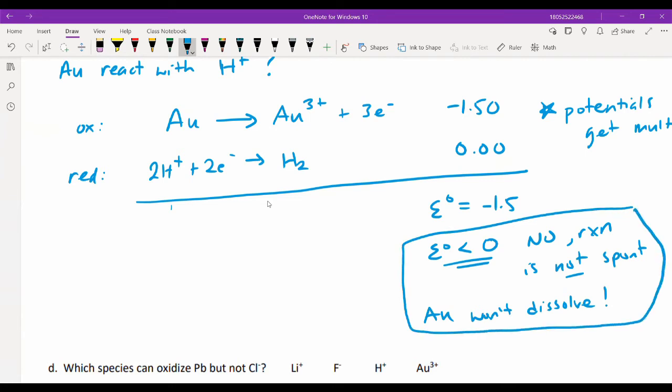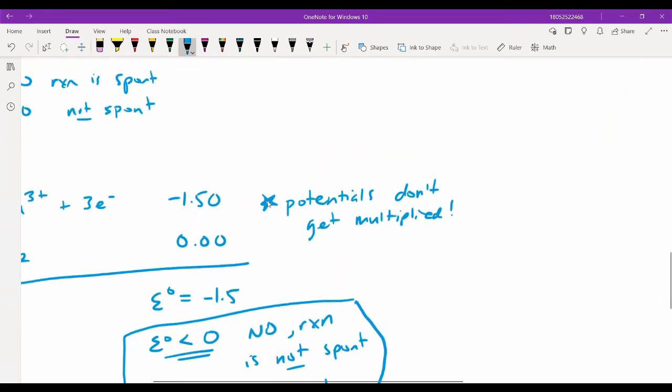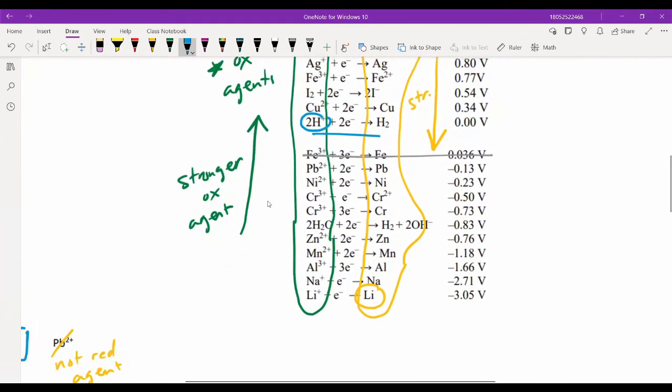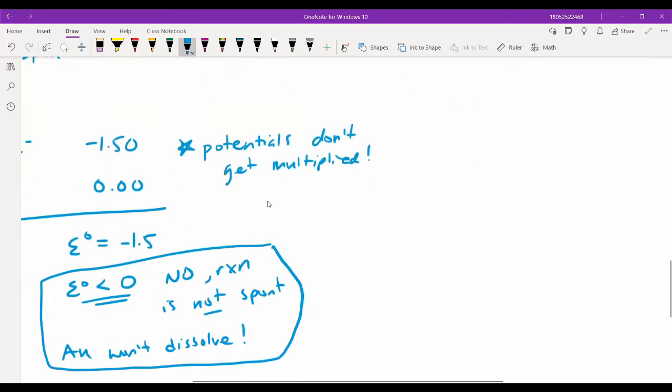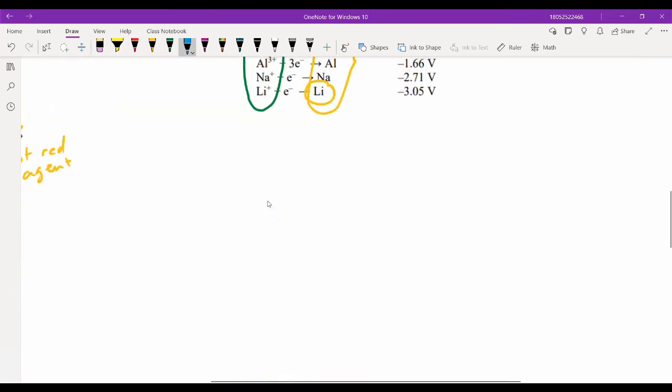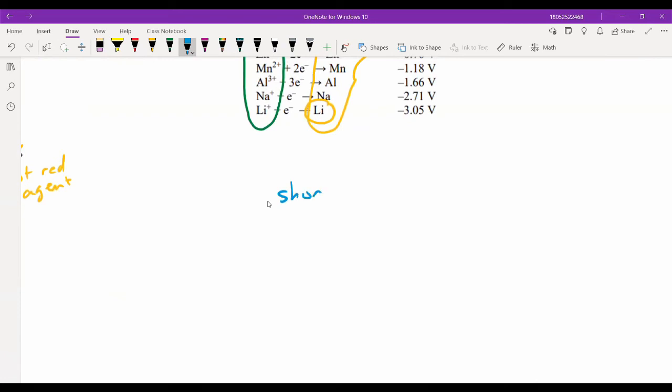You can imagine trying this with other metals, and some metals will dissolve in acid because the potential will end up being positive. What I'll point out now is that the way I do these involves this shortcut method, which maybe I'll write right here.